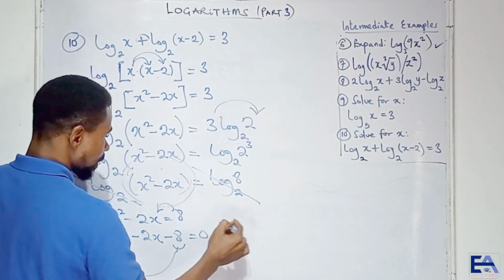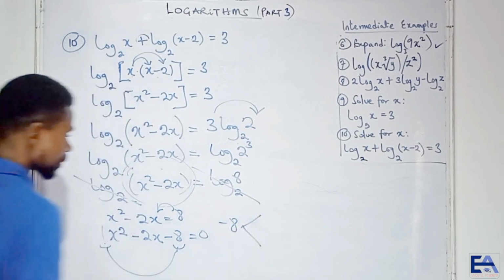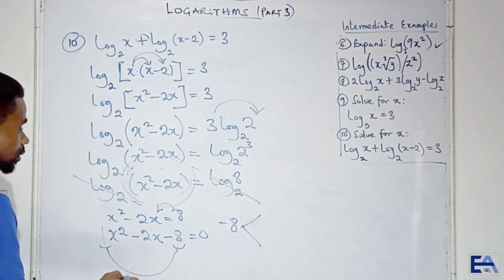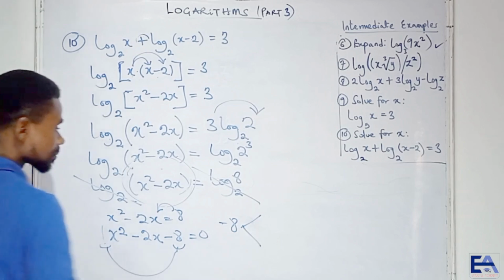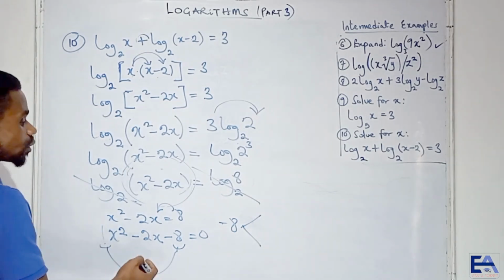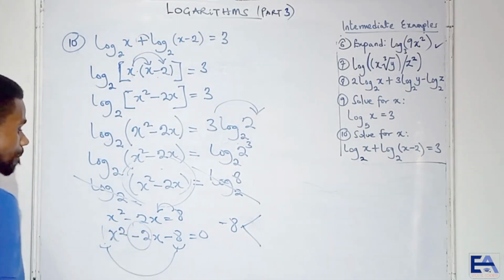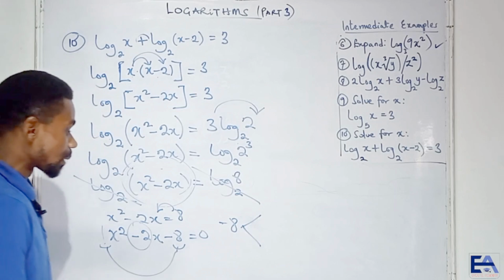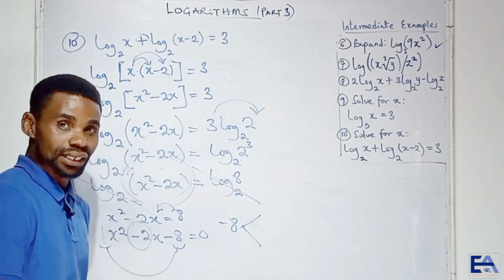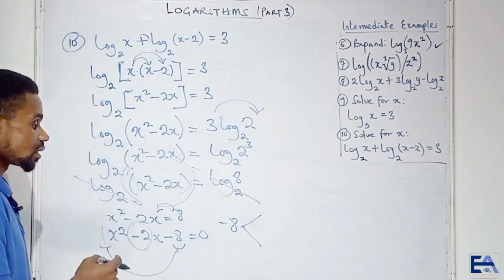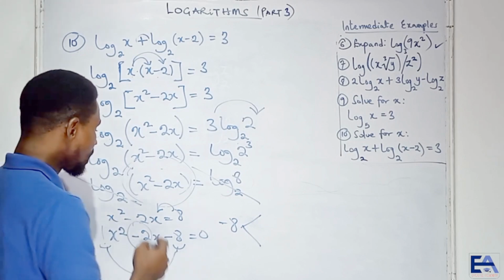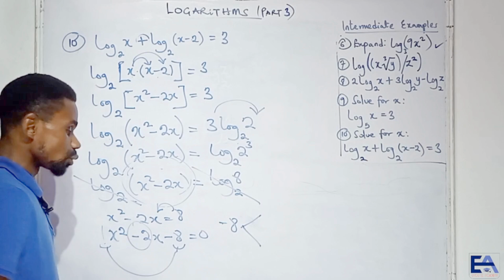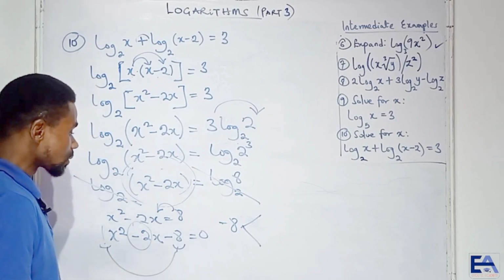Now that you have minus 8, look for two numbers that will multiply to give you minus 8, but when they add or subtract, will give you minus 2. So what are those two numbers?